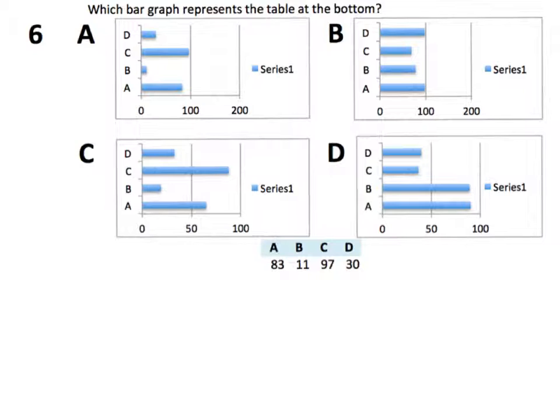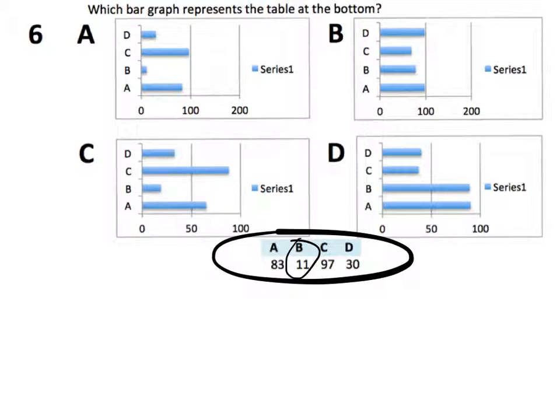In this case, which bar graph represents the table at the bottom? So here is the table. You have 83, 11, 97, and 30. Let's pick something like B. B must be 11. And it clearly cannot be this, so let's make a bigger marker.